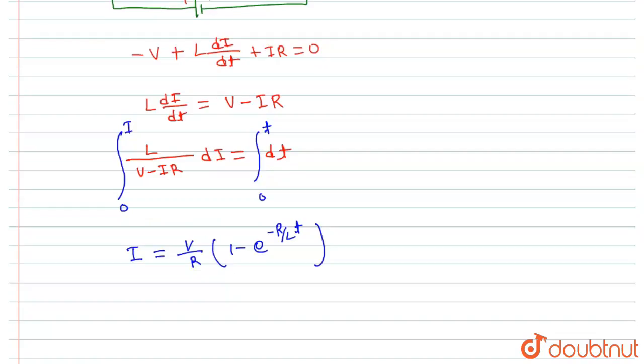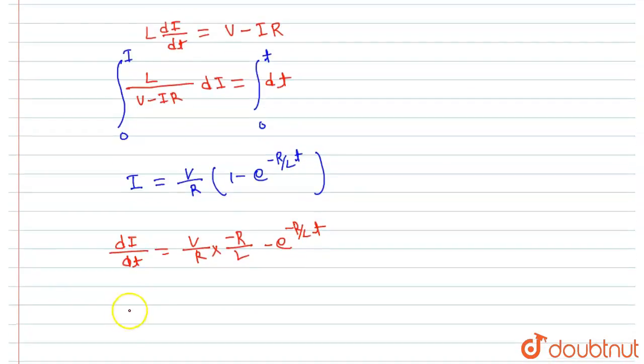So if we differentiate this I value, dI by dt is equal to V by R into minus R by L, into minus e to the power minus R by L into t. Now from here we can write dI by dt is equal to what?